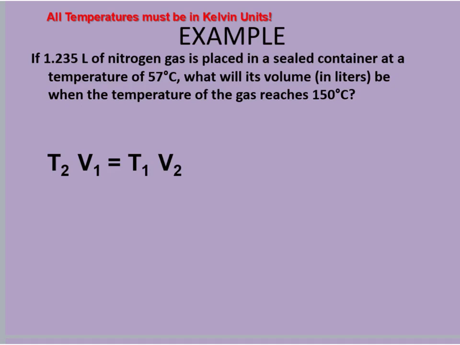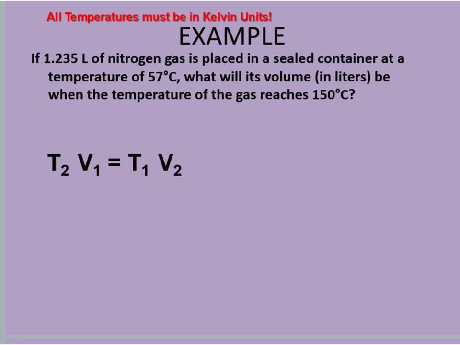If you printed out your worksheet that I sent, you will have this example in front of you. And so we're going to look at this example first. And one of the things that you have to remember when we're working with Charles' law, you have to convert all of your temperatures into Kelvin. So that's going to be an important part of this. The first thing we're going to need to do is make our temperature conversion.